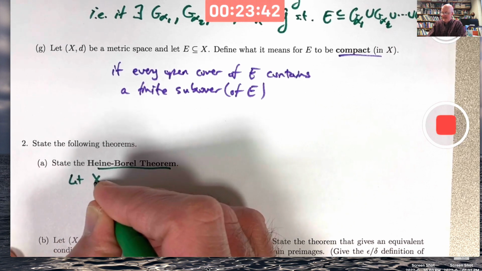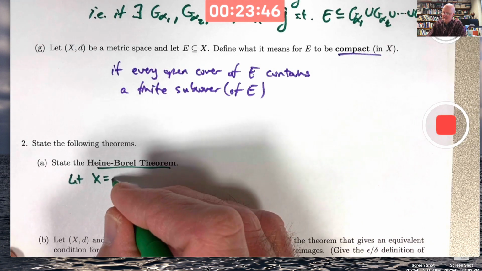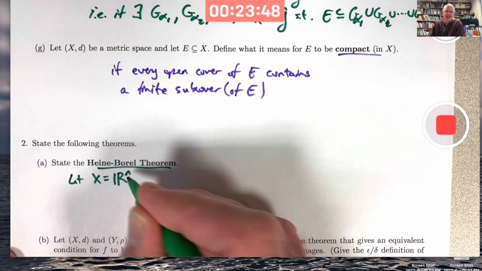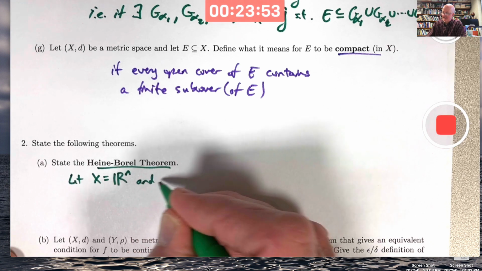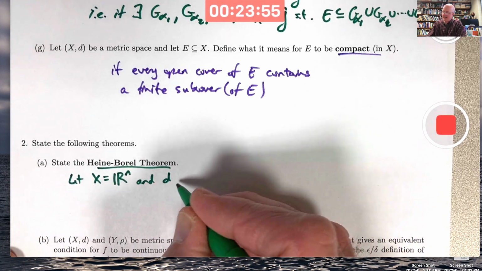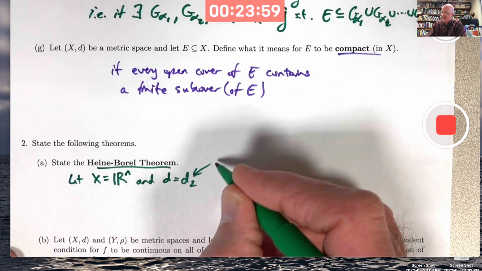Let X be Euclidean space, some R^n, say, and D, the metric, be the standard metric D sub 2. This is the Euclidean metric.